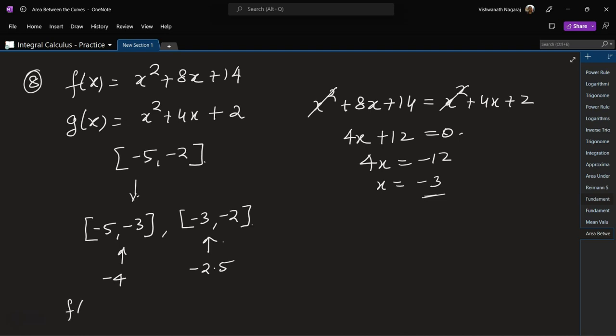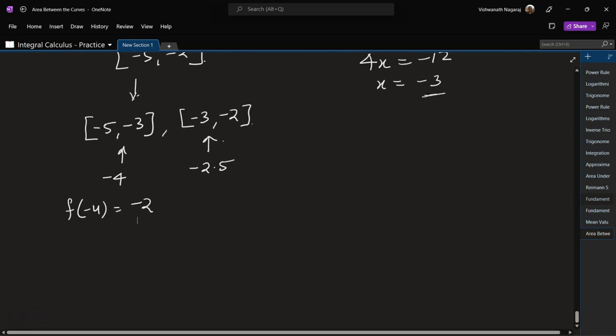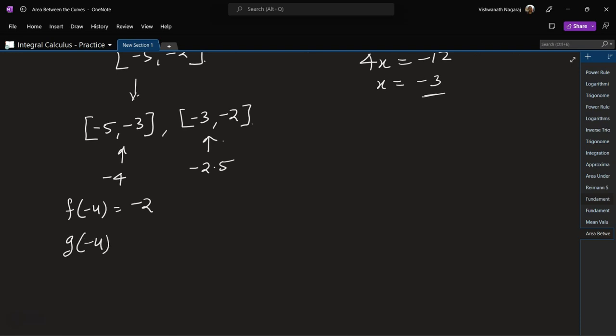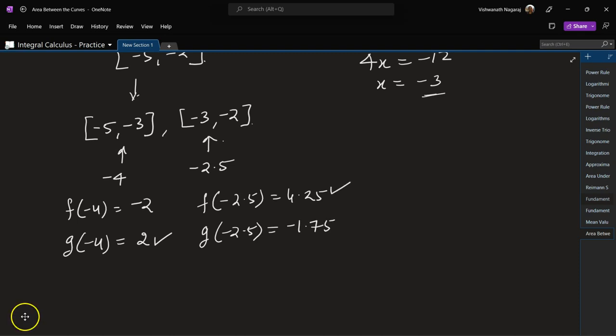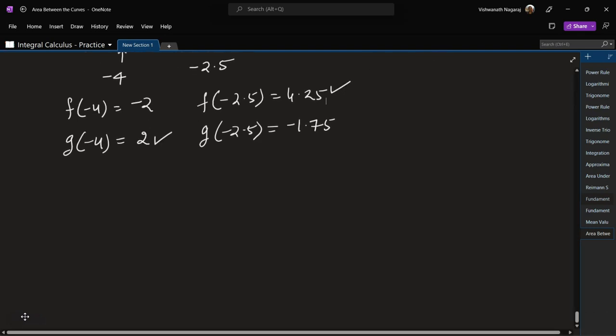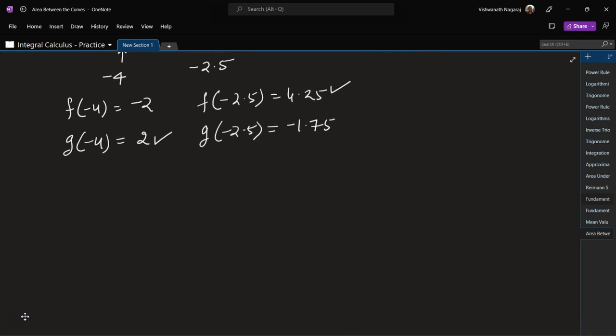So here f of minus 4 is going to be minus 2 and g of minus 4 is going to be 2. So g is higher. In this interval, f of minus 2.5 will give us 4.25 and g of minus 2.5 will give us minus 1.75. So here f will be higher. So we know this now. So now we can try to figure out the area.